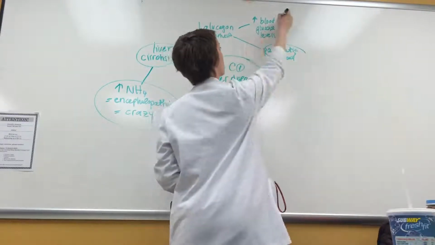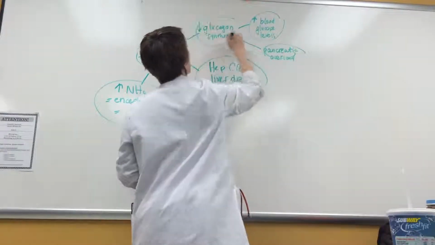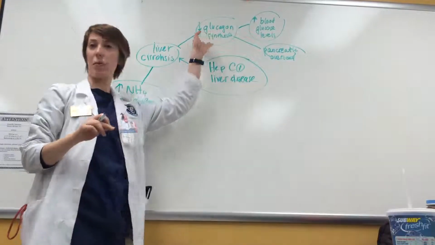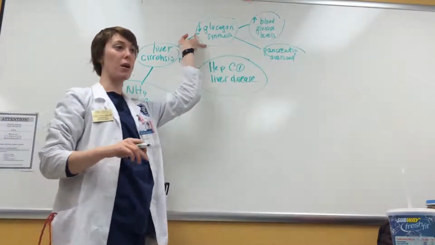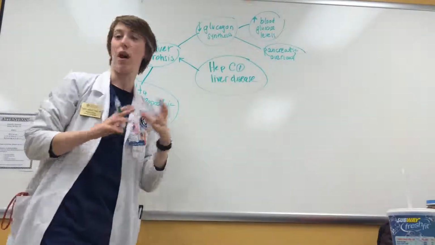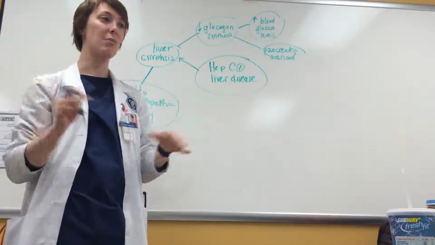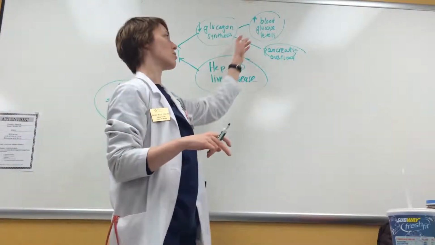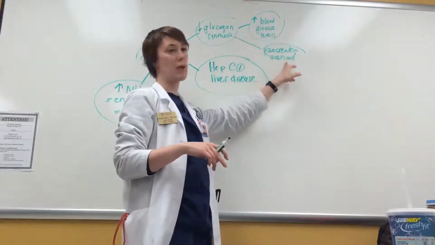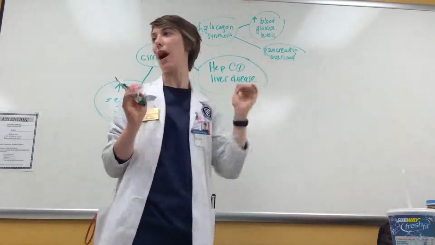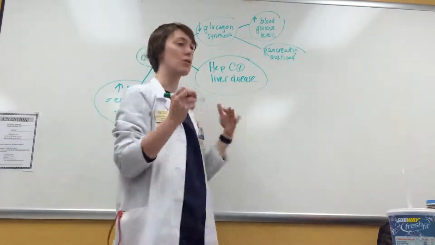I moved right through the word. All right, so the liver is responsible for glycogen synthesis, so storing all of your excess blood sugar when you're in a time of excess. And so you get elevated blood glucose levels, and you have a pancreatic overload. So you're asking your pancreas to do too much.